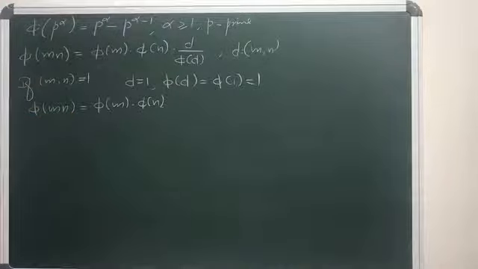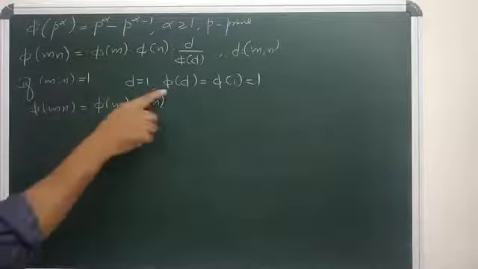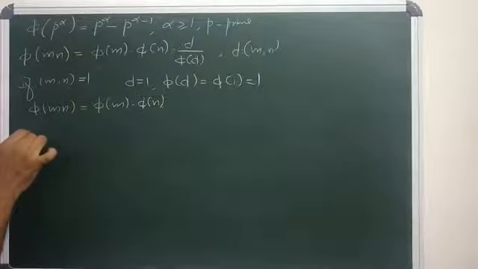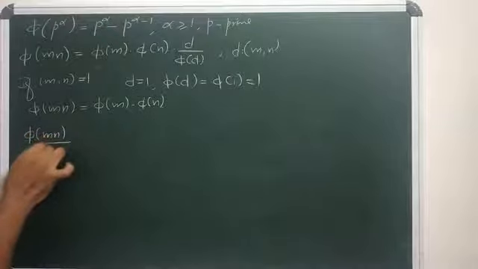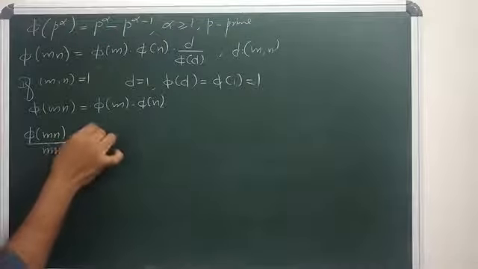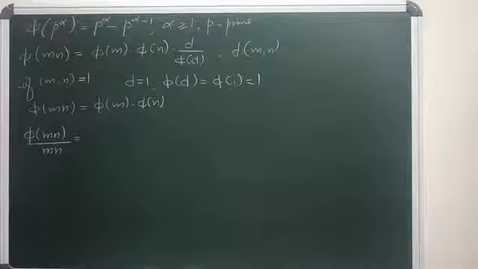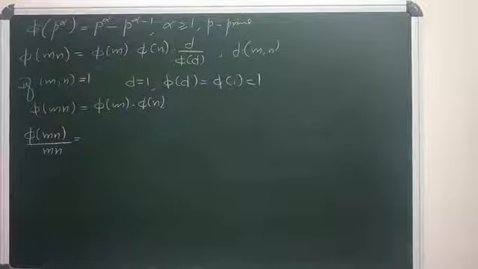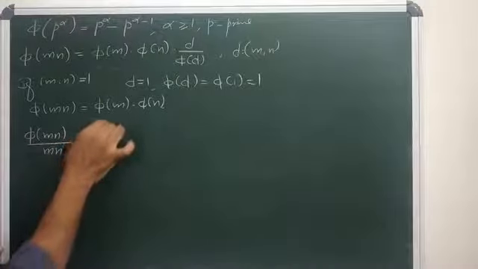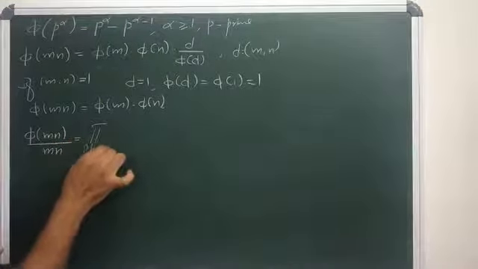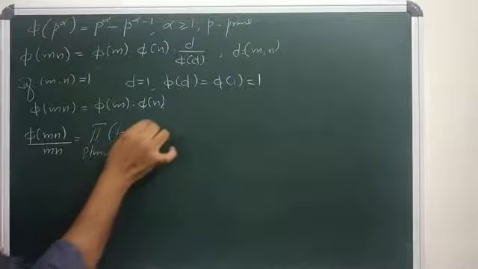Or in another way, without the help of this result, how can we prove it? Without this result, we can prove it when m and n are relatively prime. What about phi of mn? Phi of mn equals mn into product over p dividing mn of 1 minus 1 by p.